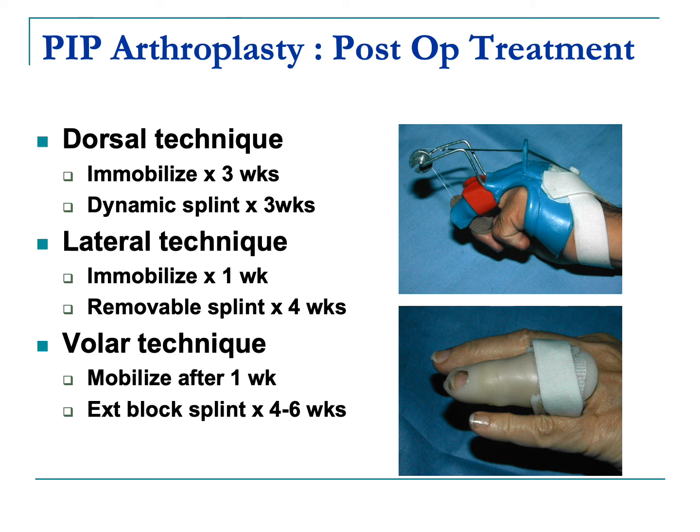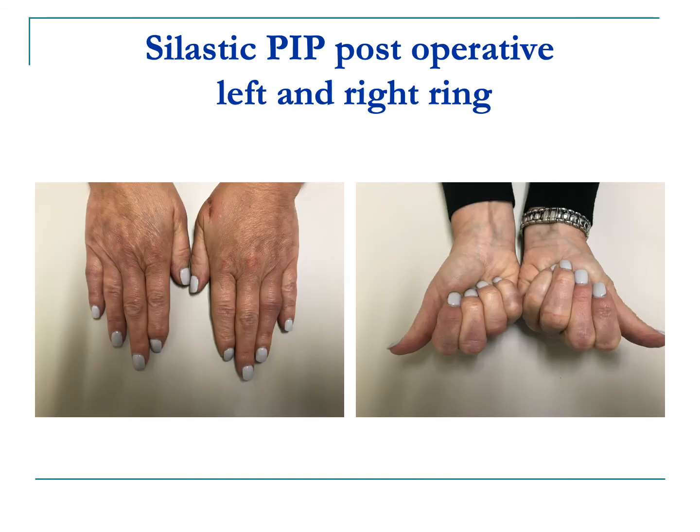If, however, you're doing it from the volar side, then you may need an extension block splint, allowing flexion but preventing hyperextension to allow the volar structures to heal. This is a patient after undergoing silastic implant arthroplasty of the left and right ring fingers with good flexibility, good recovery of pain.